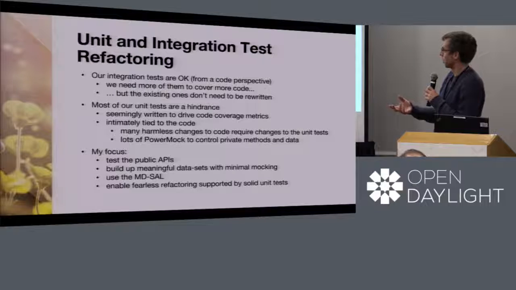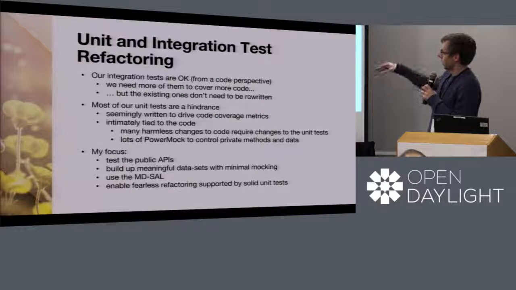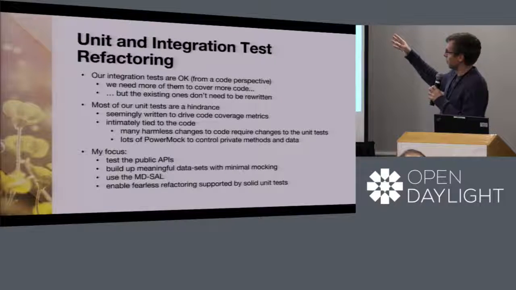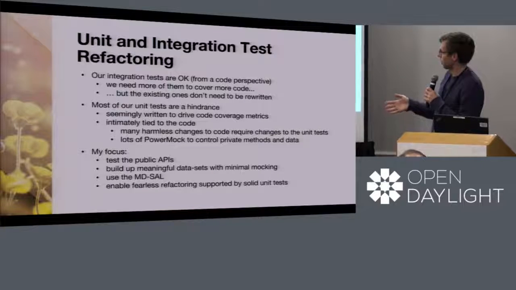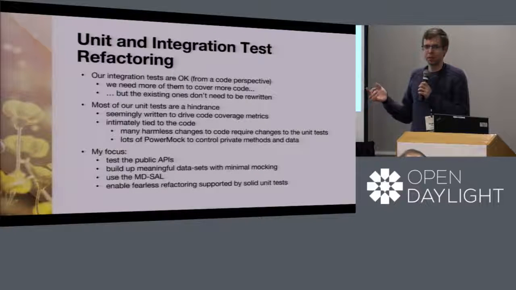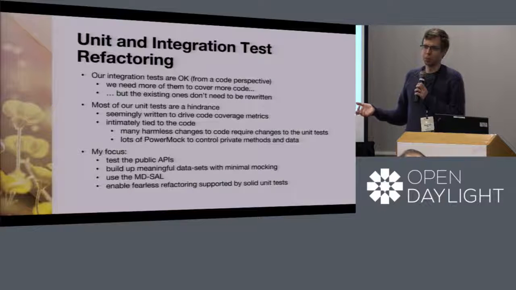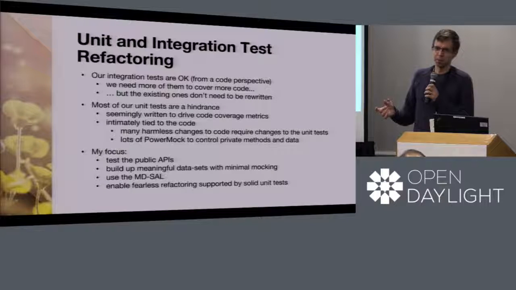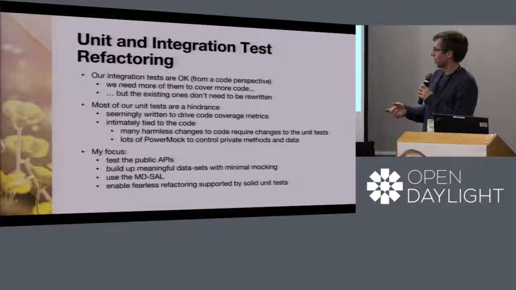So they're basically rubbish. The integration tests that we have in OVSDB are okay, but we need more of them. The unit tests are pretty bad, and we end up using lots of PowerMock, which also means that our code coverage metrics are incorrect.